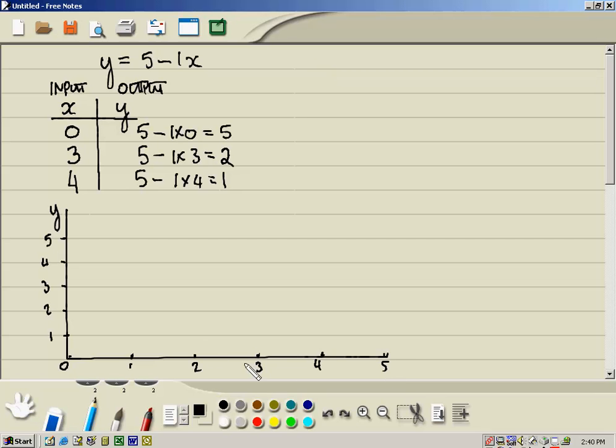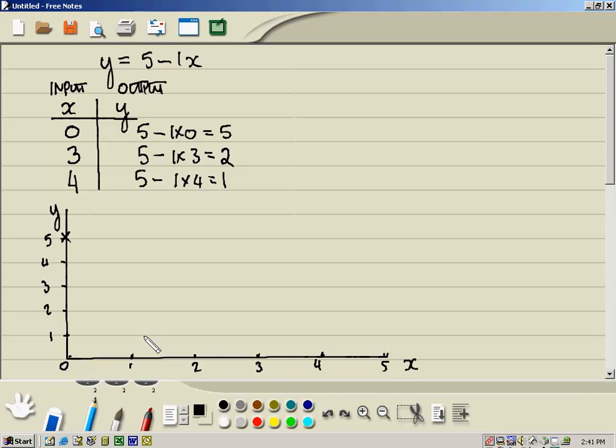Alright, so here we have an axis, xy axis. Now we can plot these points. So the first point is where x is equal to 0 and y is equal to 5. So x is 0, y is 5, and we have one of our points here.